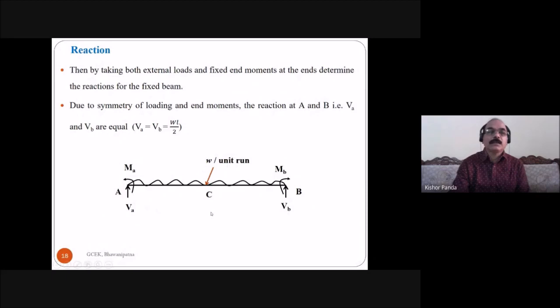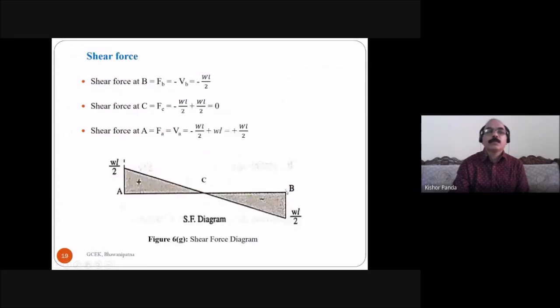Then after getting the reaction, you can plot the shear force diagram. You have to find the shear force value at different positions: the shear force at B, at the midpoint, and at A. The shear force at B is minus VB, the right side upward force, so minus WL by 2.